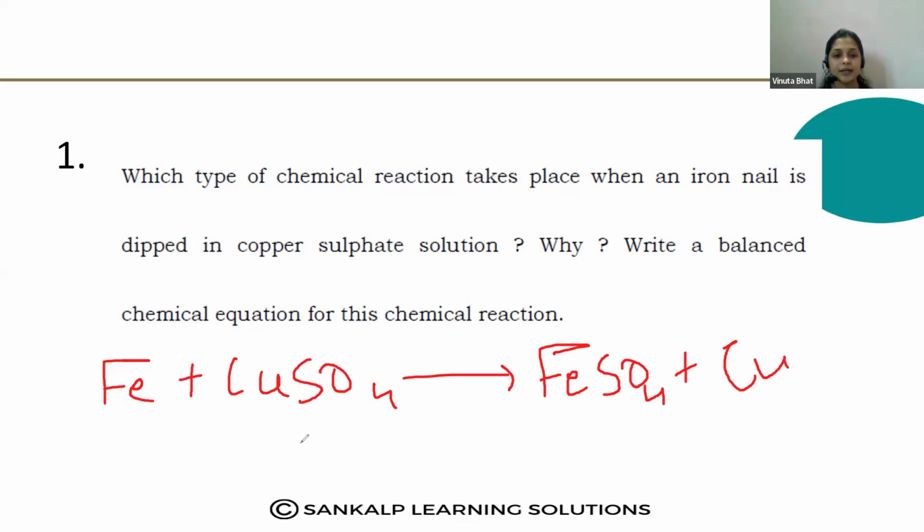Just try to balance this reaction. The number of atoms of Fe is the same in reactant and product, copper is also the same and sulfate is also the same. So this is already a balanced chemical equation. Okay, so this is a very important question.